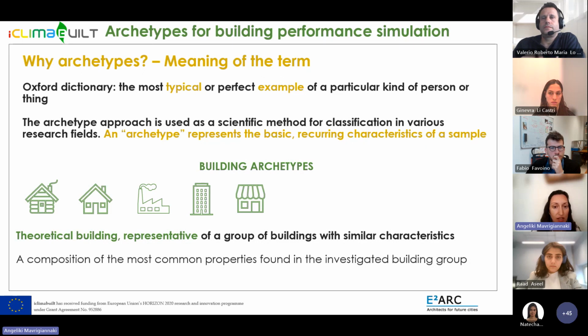So coming to discuss the building archetypes, these are defined as theoretical buildings that are representative of a group of buildings with similar characteristics.